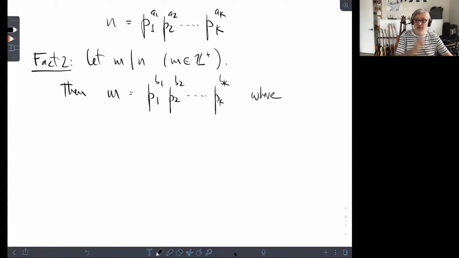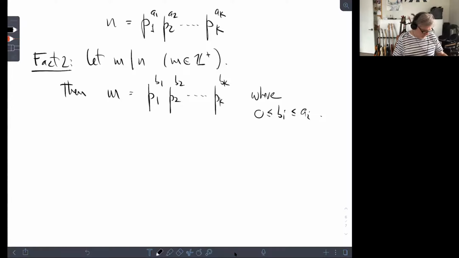No, not necessarily. I can remove some primes, so I'm going to allow the exponents to be 0, but they can't be bigger than the exponent in n. So each bi is between 0 and ai.